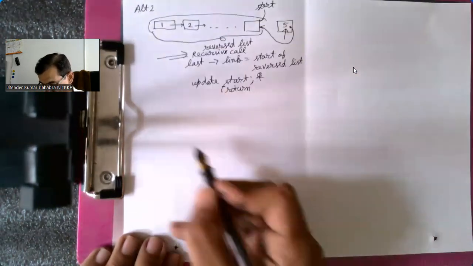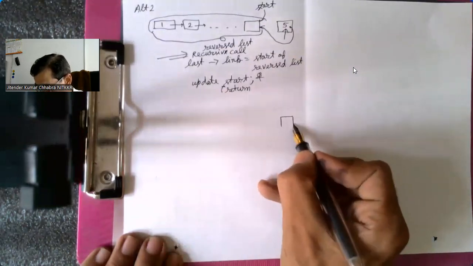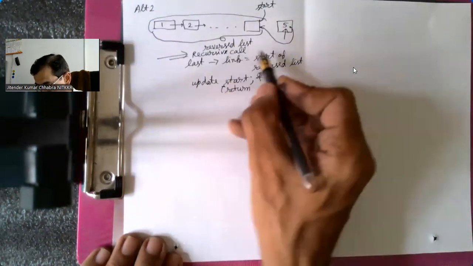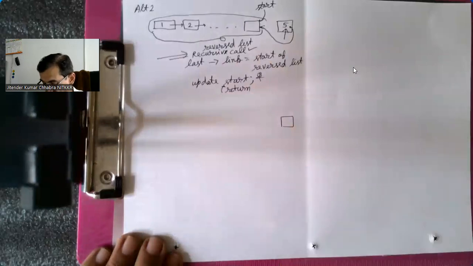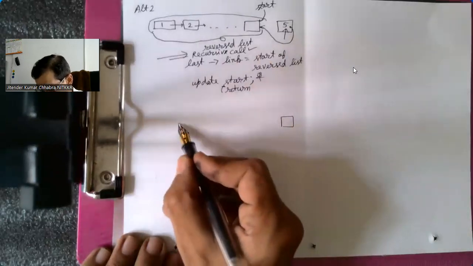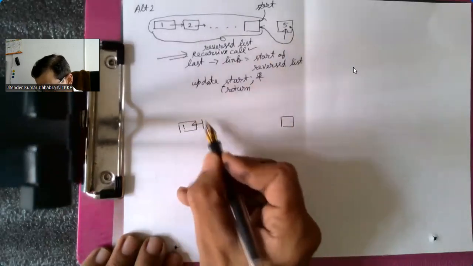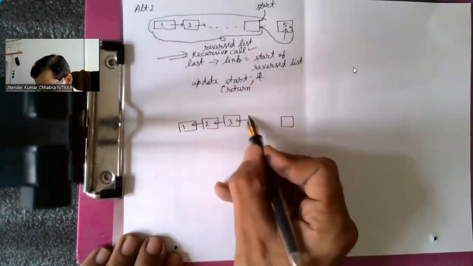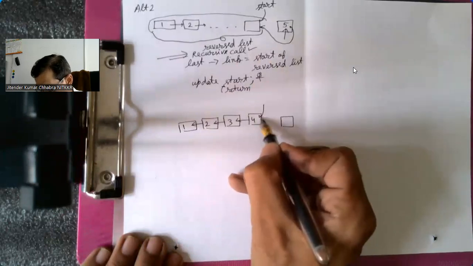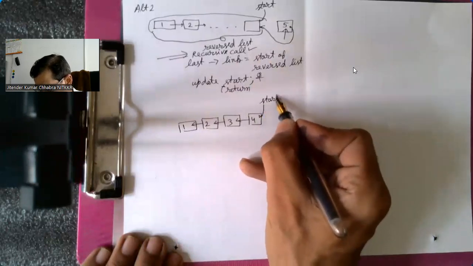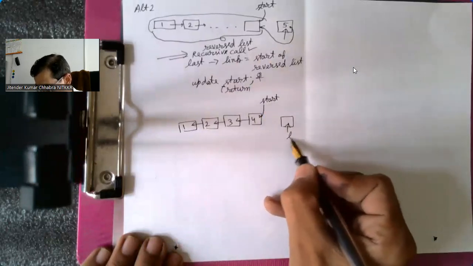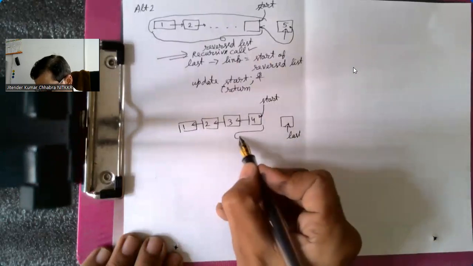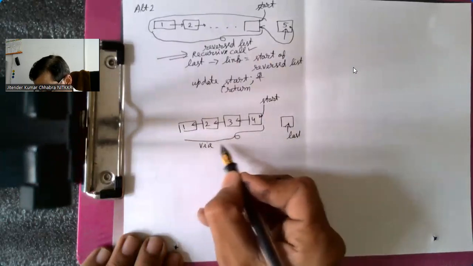been reversed. So what I'm assuming is when I reach 5, my recursion has been called. Once this recursion is over, effectively the list has been updated like this. Start has reached here, and now you are on the last node. So this is done via recursion.